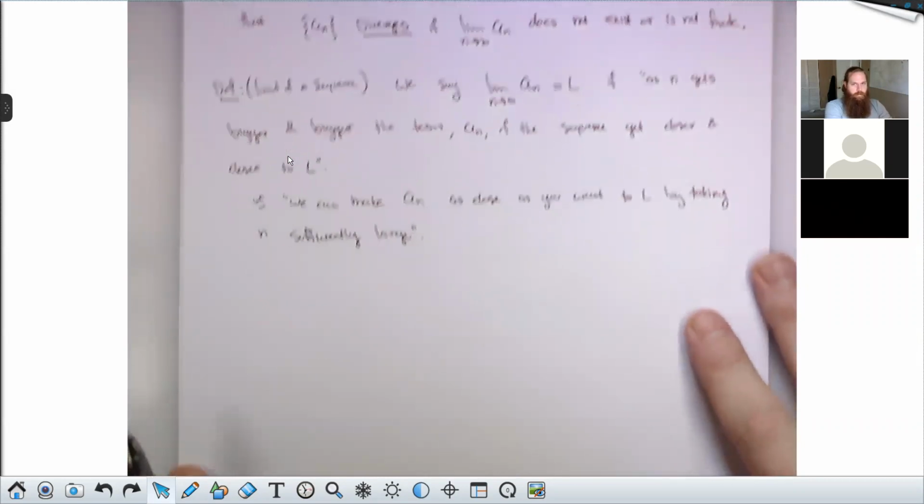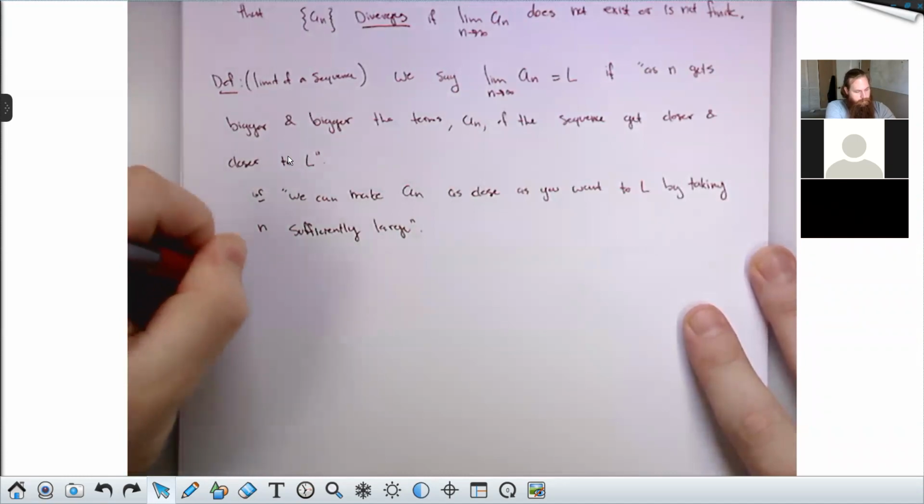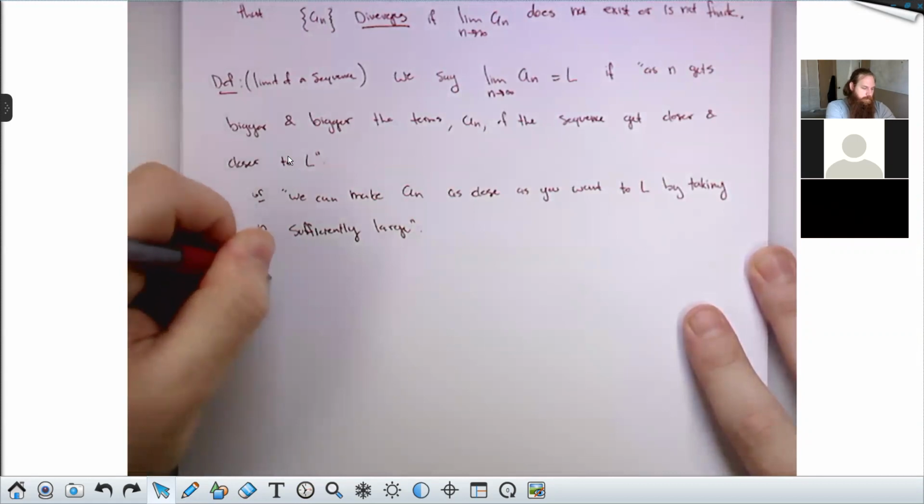The rigorous definition, same thing though, limit of a sequence.